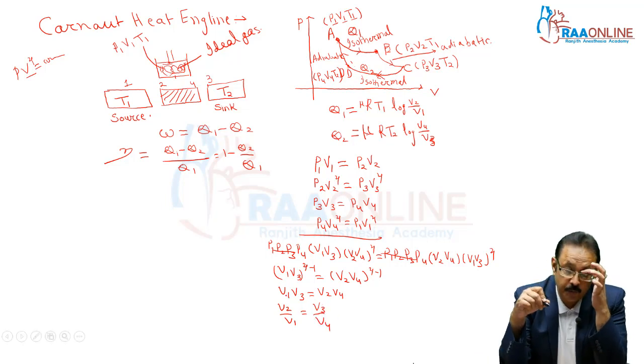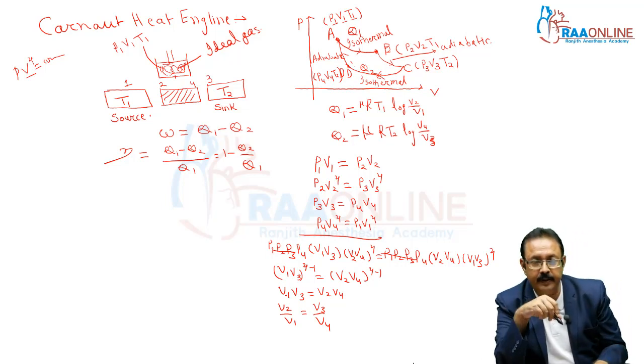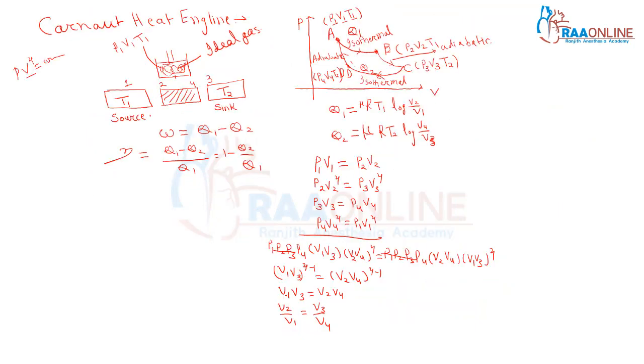Now we are going to our sign convention. I told you in the previous slide what should be the sign of dq and dw. If a system is absorbing heat, dq should be positive. If a system is liberating heat, dq should be negative.